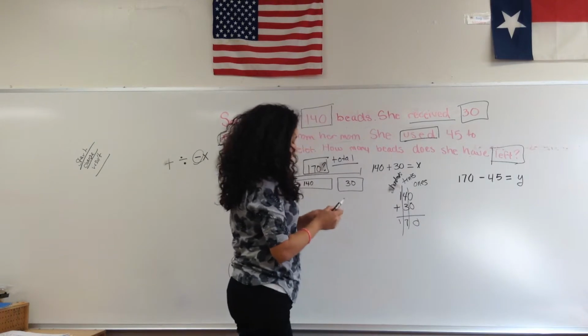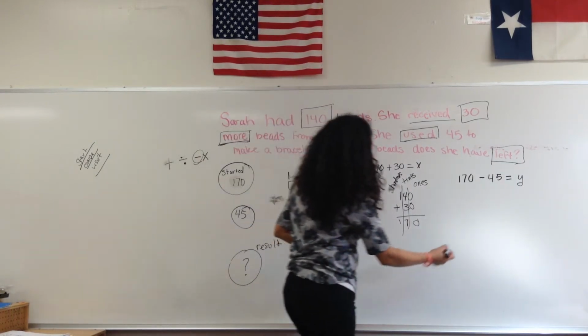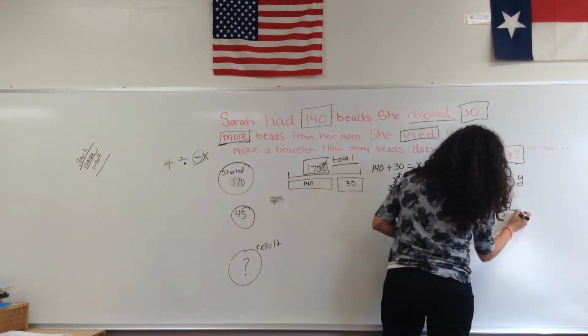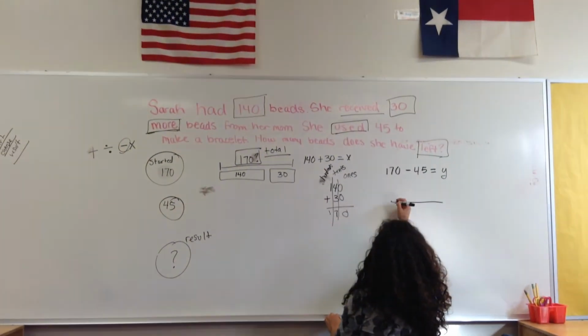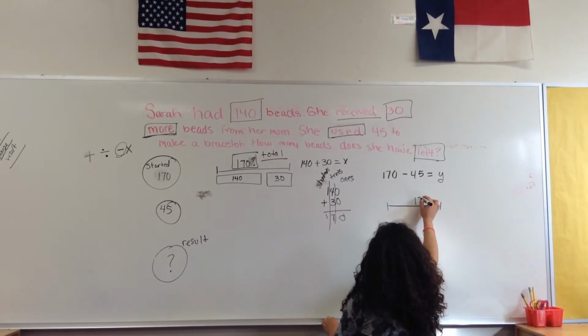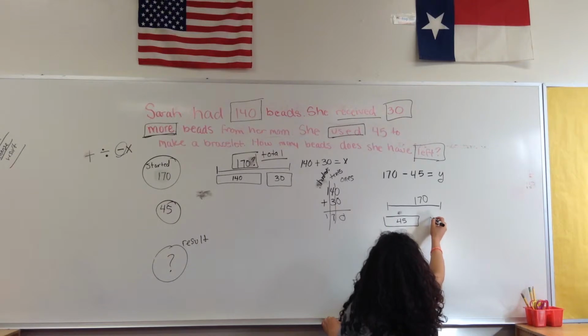Okay? So now, let's do 170 minus 45 equals our unknown, which is y.